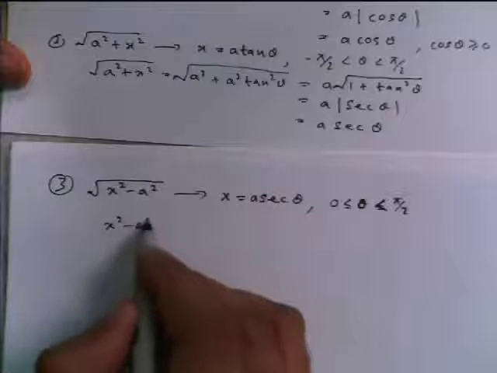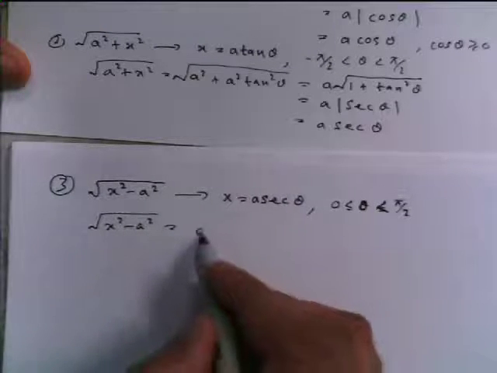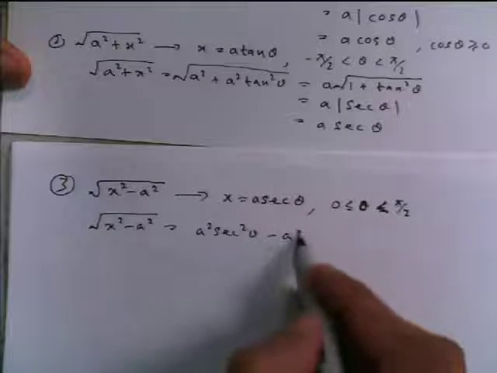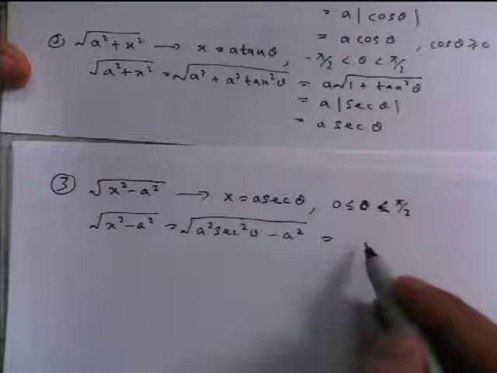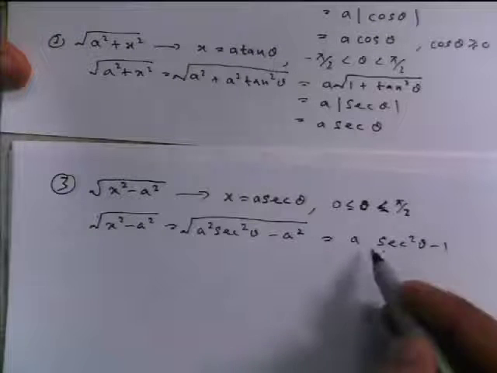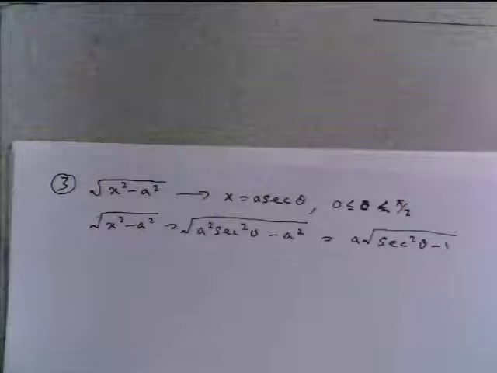The square root of x squared minus a squared equals the square root of a squared secant squared theta minus a squared. As we did before, you can take a out. So it is the square root of secant squared theta minus 1. What is secant squared theta minus 1?